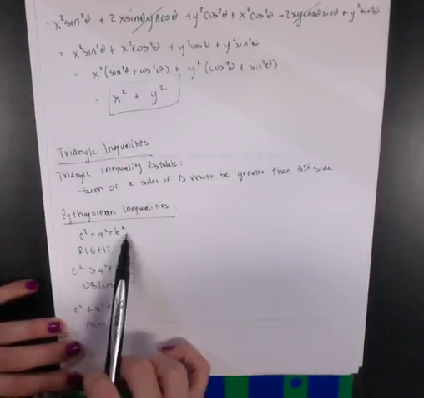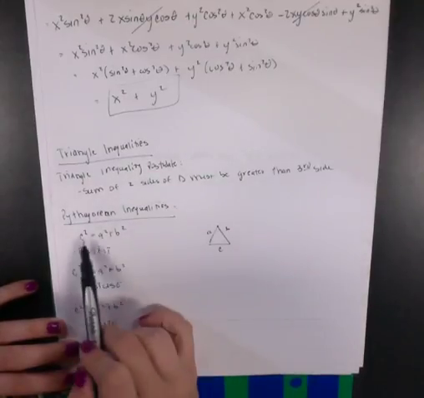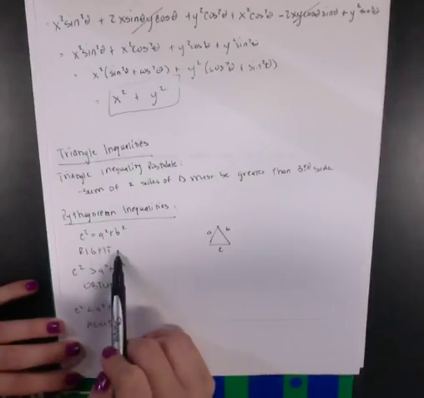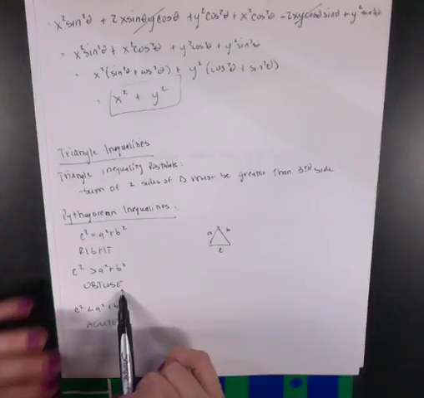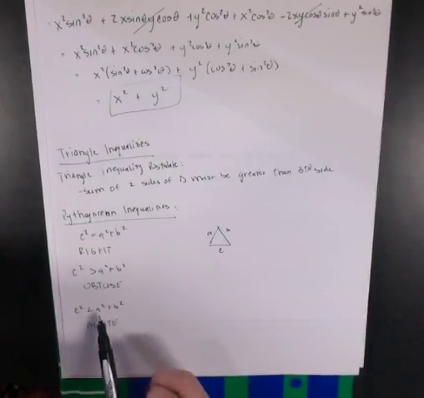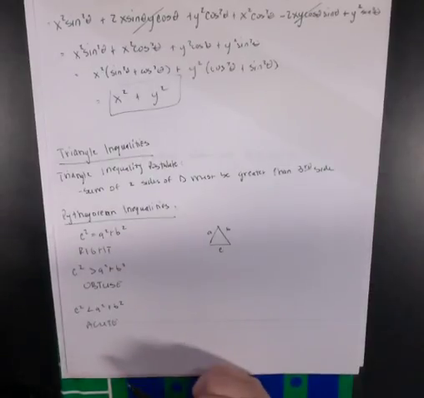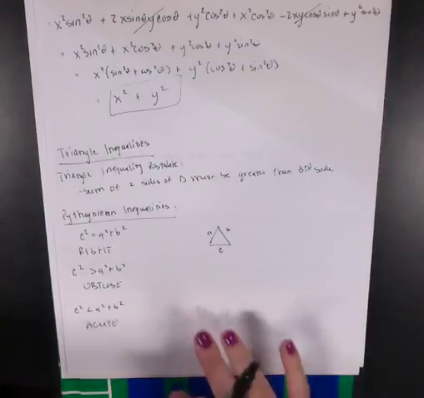If c squared equals a squared plus b squared, so if we have this triangle with sides a, b, and c, then we have a right triangle. If c squared is greater than a squared plus b squared, we have an obtuse triangle. And if c squared is less than a squared plus b squared, we have an acute triangle. You actually went over this in Algebra 2, if you can remember way back when. But we're doing it again.